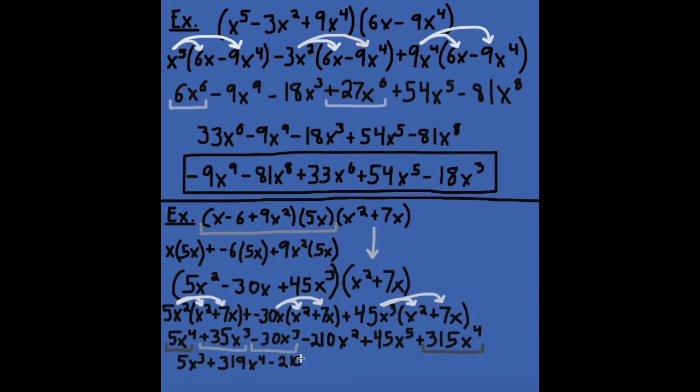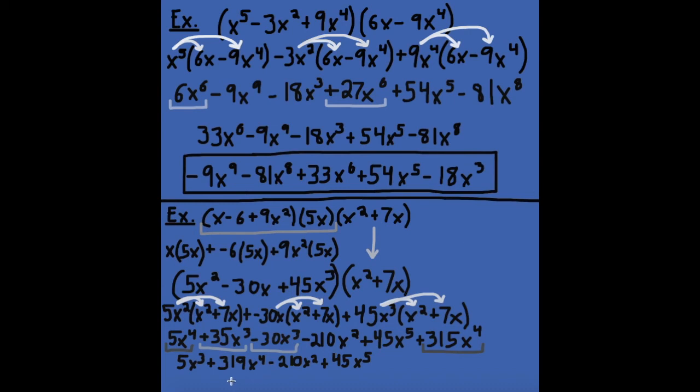Negative 210x squared will stay negative 210x squared, since there are no other x squared terms to add or subtract it with. 45x to the fifth will stay 45x to the fifth, since there are no other x to the fifth terms. Remember, the convention is to put the term with the highest degree first, and the term with the lowest degree last.